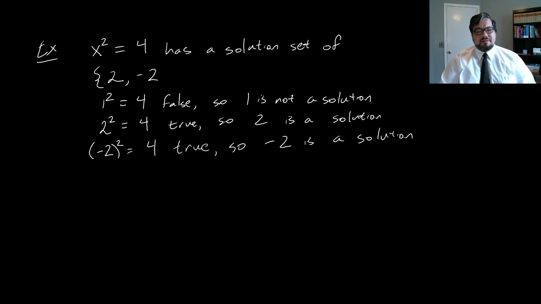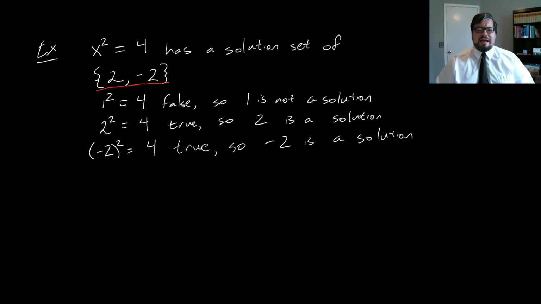So 2 and negative 2. Now, these are in fact the only 2 solutions to this equation. So our solution set is exactly the set containing negative 2 and positive 2. Now, it doesn't matter what order you write down the elements in a solution set.